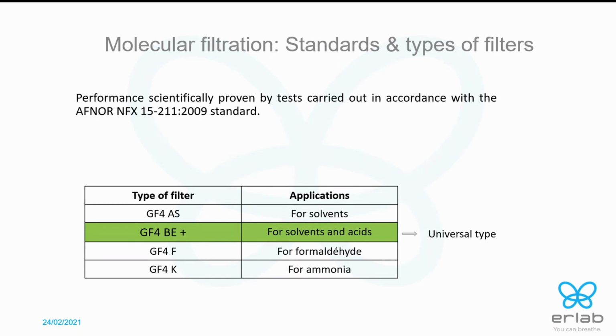And here the message is to tell you that there are different types of carbon for different kinds of chemicals. So at Erlab, we have developed 4 types of carbon filters, which are aimed at absorbing different types of chemicals. Each filter is composed of a unique blend of activated carbon, which will make them suitable for specific chemicals.